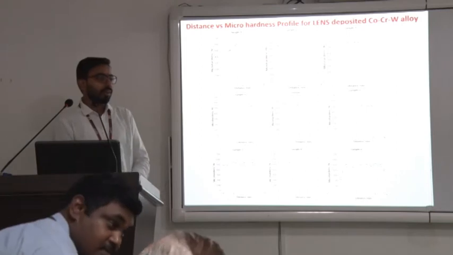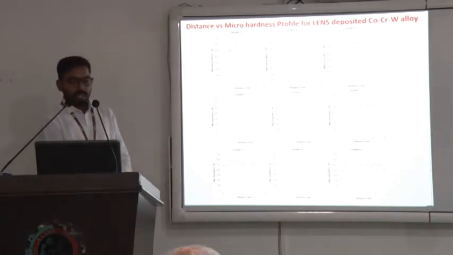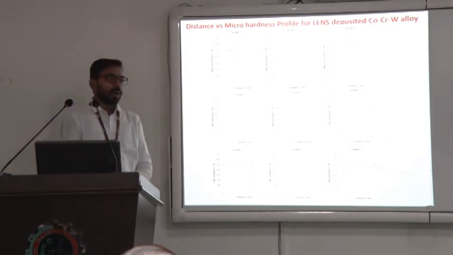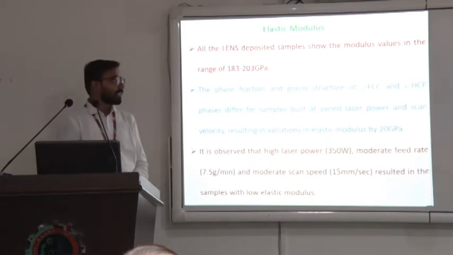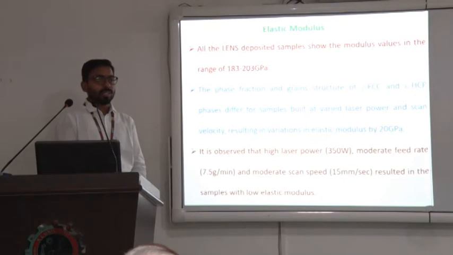This is the graph of how the hardness varies from the bottom to the top layer. At the bottom layer we observe very low values, and on the top layer you can see a decrease in hardness. It is due to the influence of the substrate at the bottom layer, and at the top layer it is due to rapid solidification. Elastic modulus is calculated from the Oliver and Pharr method by using the load-depth curve.